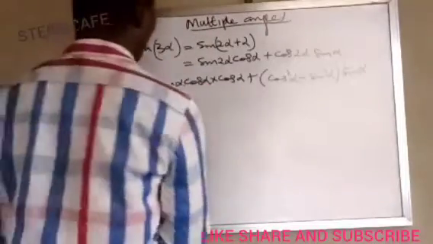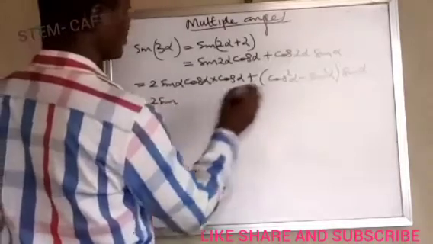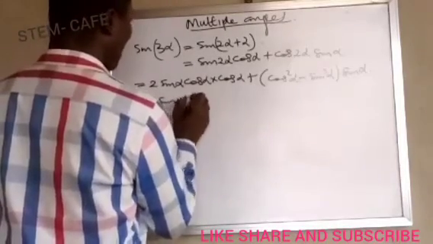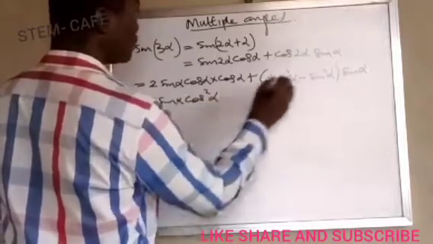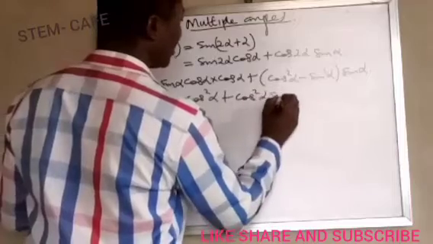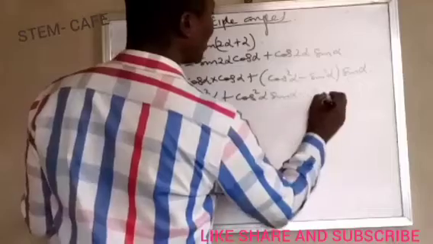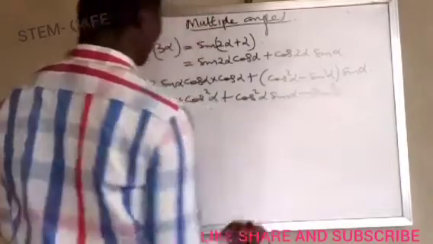On expansion, I'm going to have 2 sin alpha cos square alpha plus cos square alpha sin alpha minus sin cube alpha.